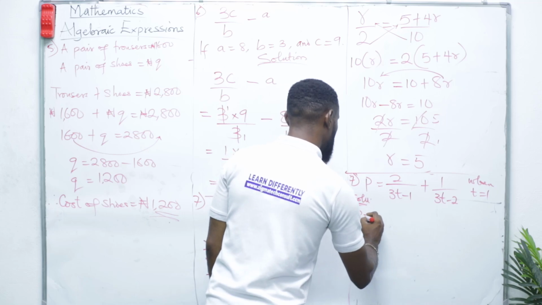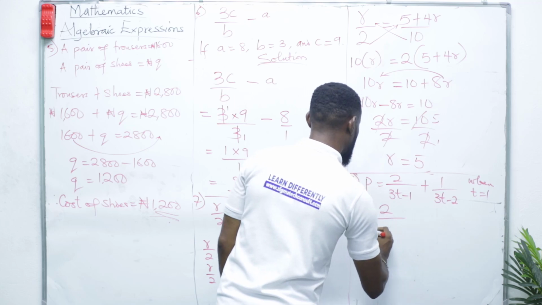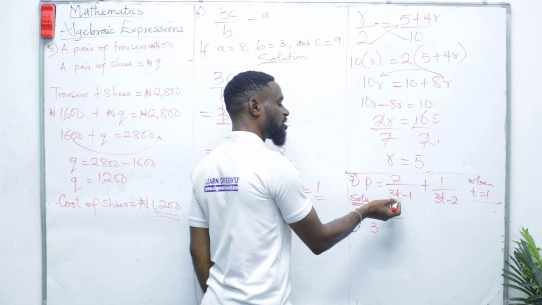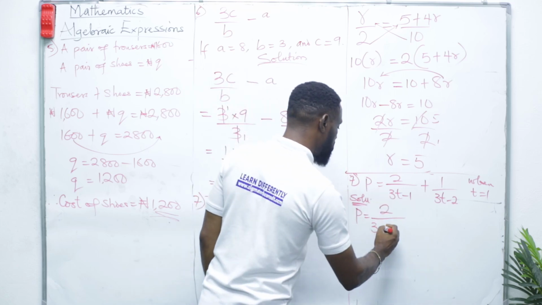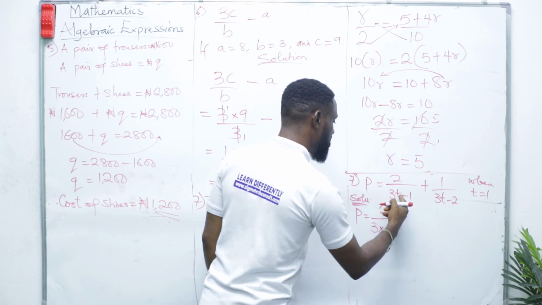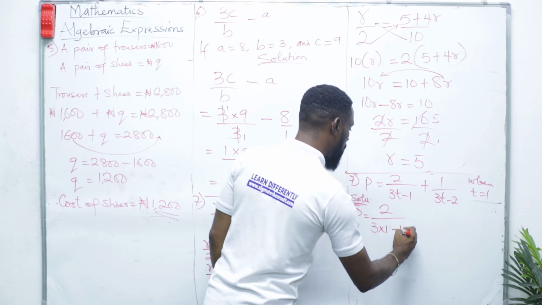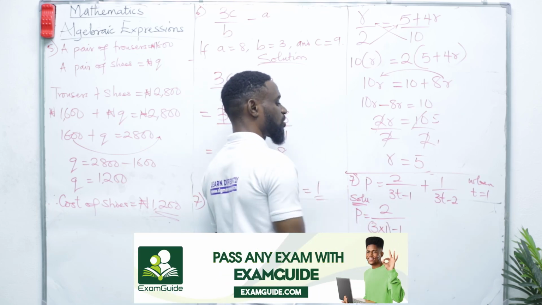So this is the solution. P is equal to 2 all over 3. Remember, there is a relationship that exists between a coefficient and a variable, which is multiplication. So this is times, okay, this t is what? 1, then minus 1. So let's just put this one in brackets to separate it from this minus 1.